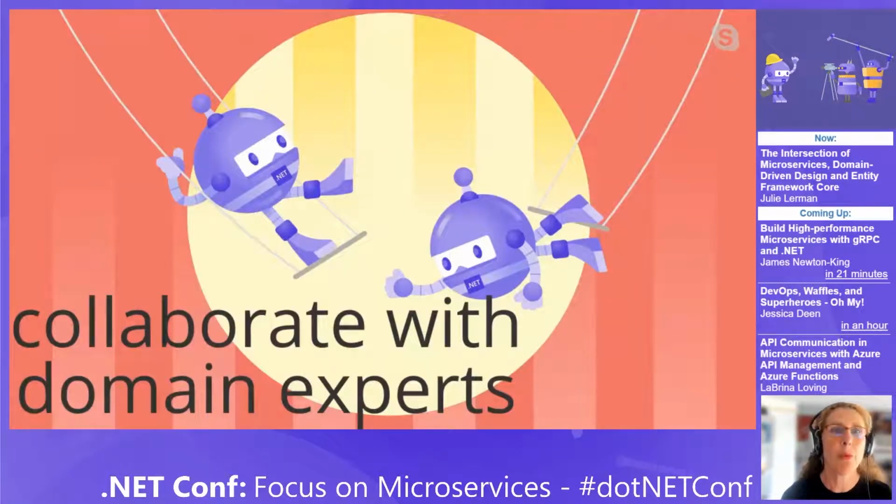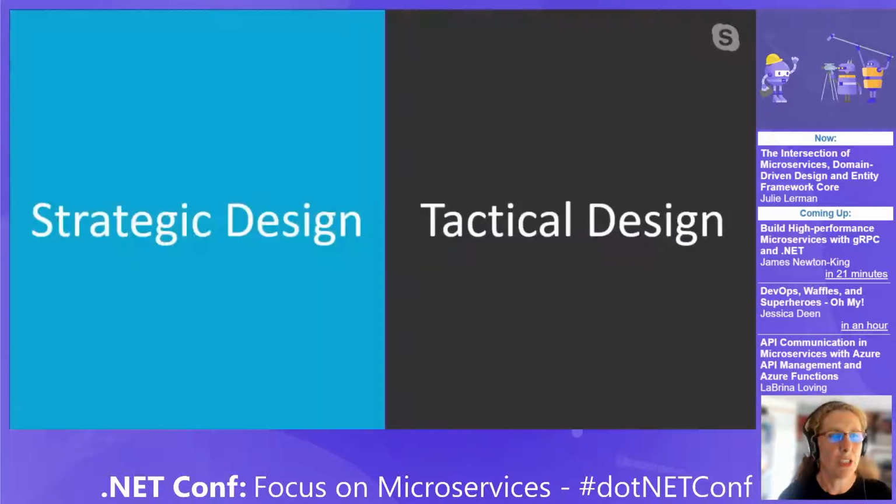Another really important piece of domain-driven design, just kind of an overarching theme, is about collaborating with the domain experts. They're the ones who know the domain, what the problems are, what they need to solve, right? And so it's a collaboration between the technical experts and the domain experts, not just up front, but pretty far through.